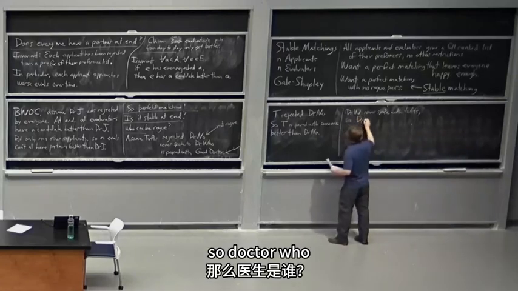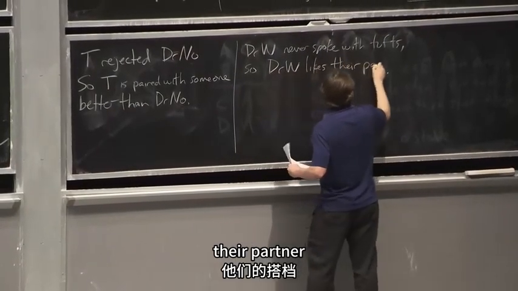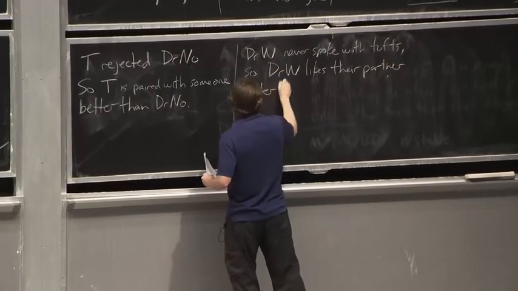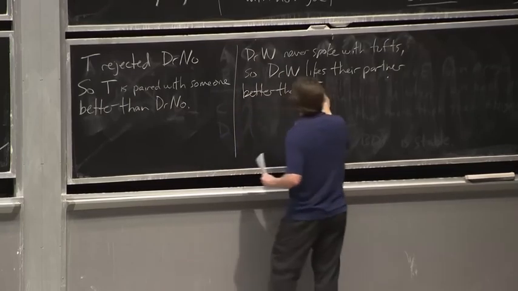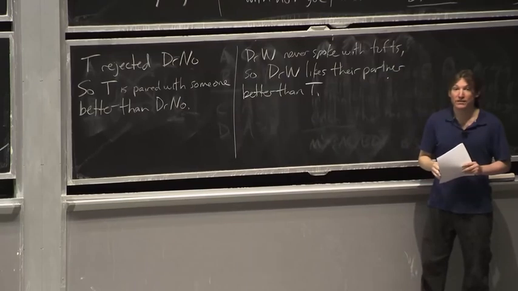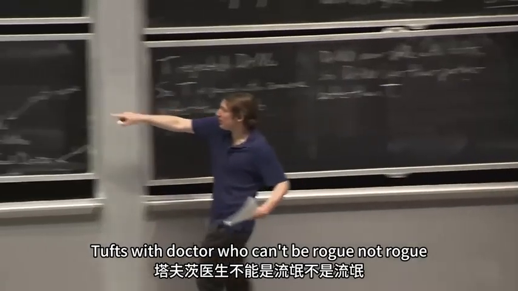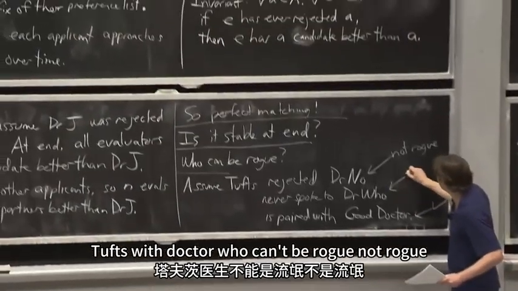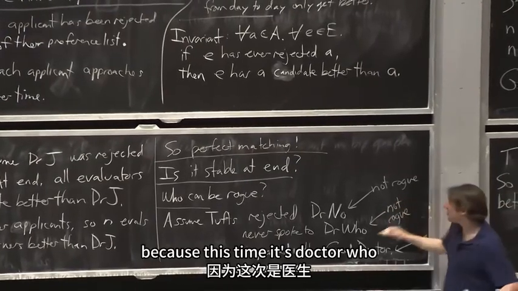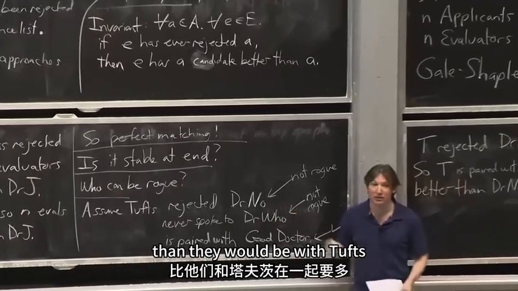So Dr. Who likes their partner better than they like Tufts, right? And therefore, Tufts with Dr. Who can't be rogue, because this time it's Dr. Who who's happier with their assignment than they would be with Tufts.